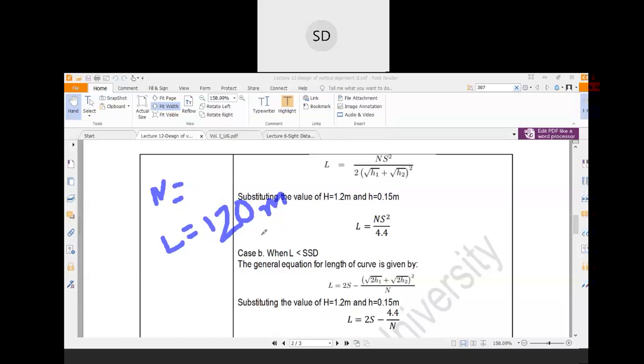In that case, whatever assumption you made was incorrect. So you have to go for the second case, when L is smaller than SSD, and similarly calculate the value. Okay, so is it clear?